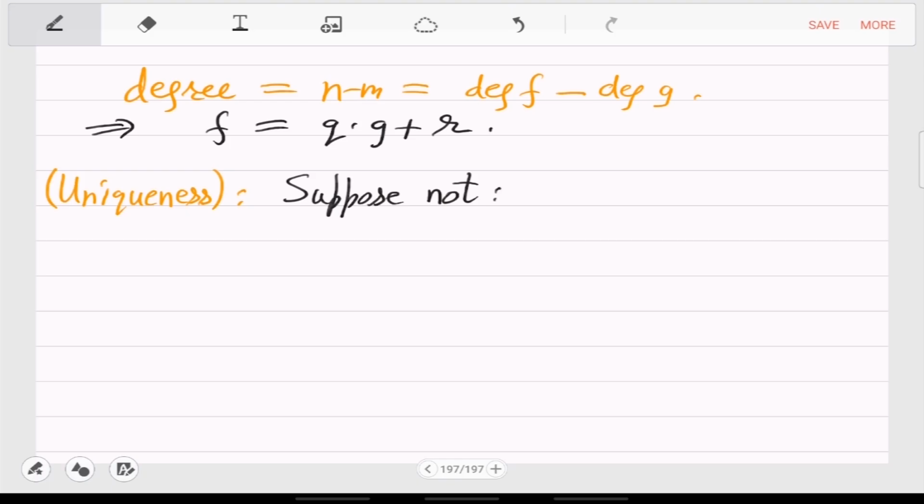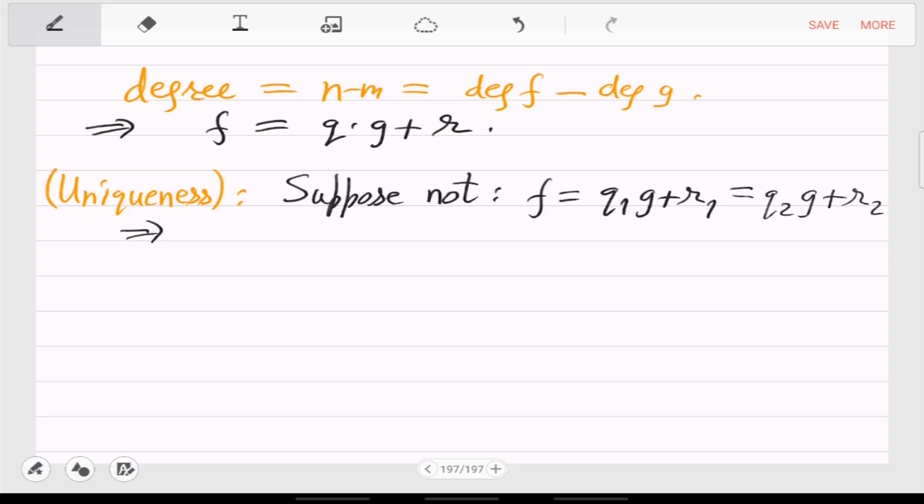Suppose not. So then you have f equal to q1g plus r1, q2g plus r2, with the property that r1 and r2 both are degree less than degree of g, right?